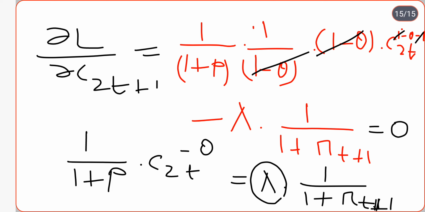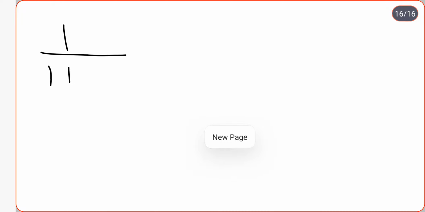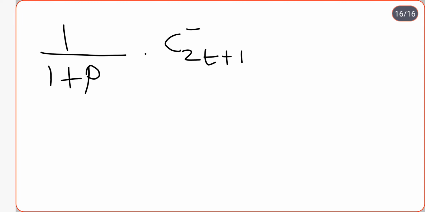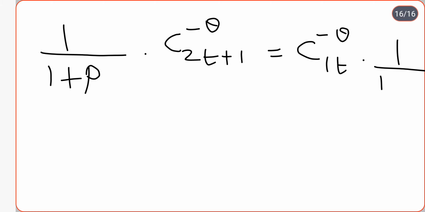So I may write this as 1 by 1 plus rho into c2t plus 1 to the power minus theta equals, in place of lambda I am going to write c1t to the power minus theta by 1 plus rt plus 1.